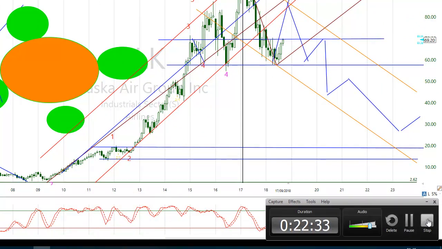The financial instrument that we are analyzing today is Alaska Air Group Incorporated, EPIC ALK, Alpha Lima Kilo, on a monthly chart belonging to the industrial sector, airlines. This is an American stock.